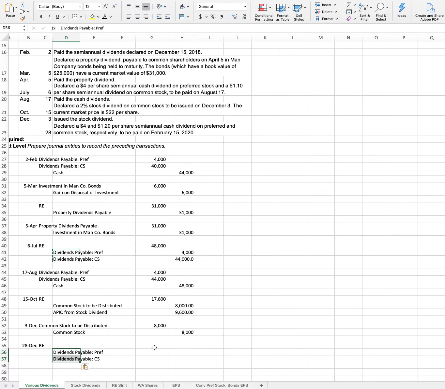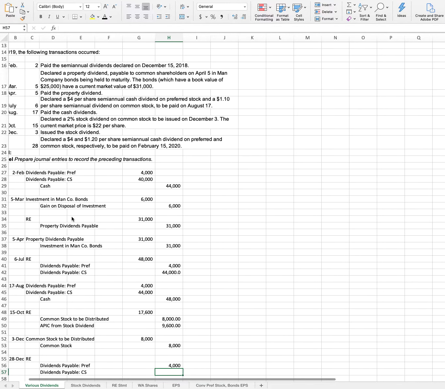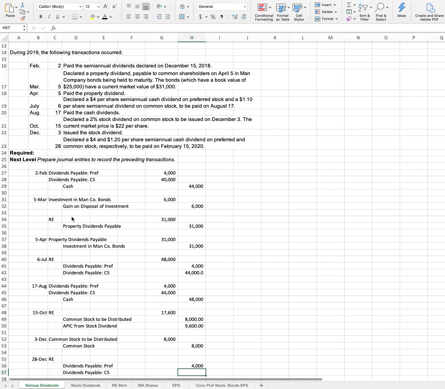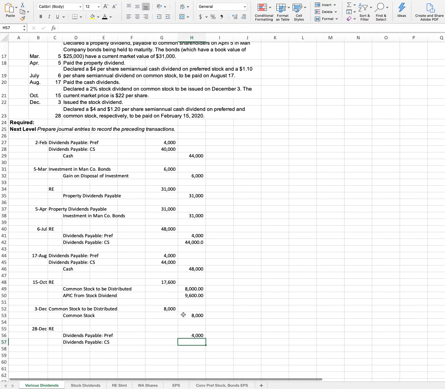And so this preferred is going to be equal to the 1,000 times our 4 that they identified here. And then the common stock, we have to be careful because we just distributed in this previous transaction a common stock dividend. And so we have to include that. We can't use just the 40,000. We also have to include the number of shares that were distributed here.